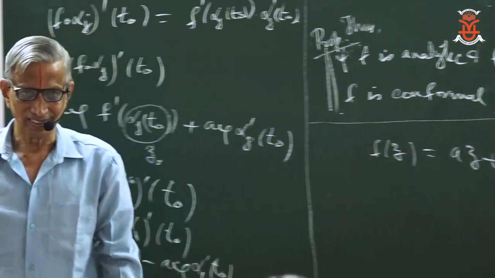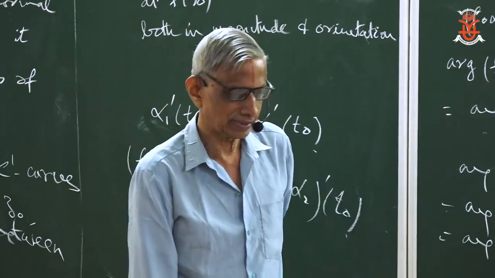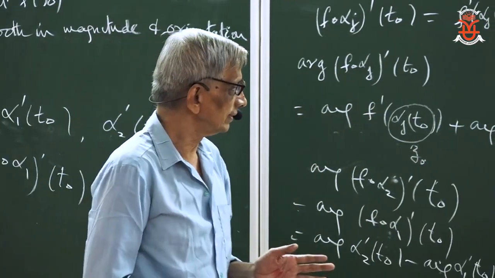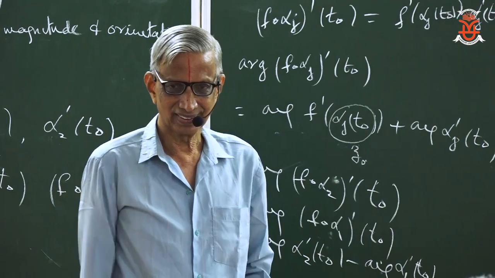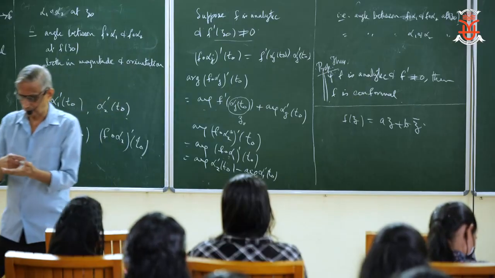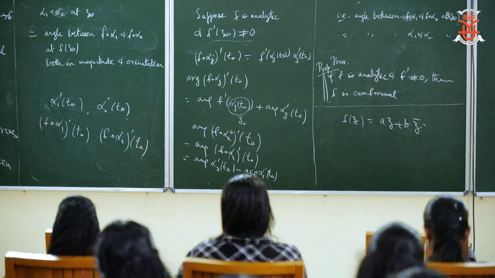Suppose this preserves angles. Okay. So let us take two lines and look at the images and see what we get. One of the lines let's take as the real axis to make things simple.